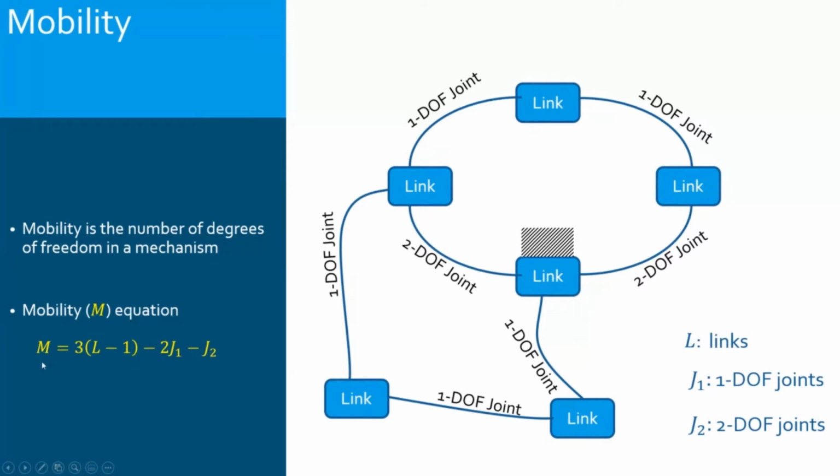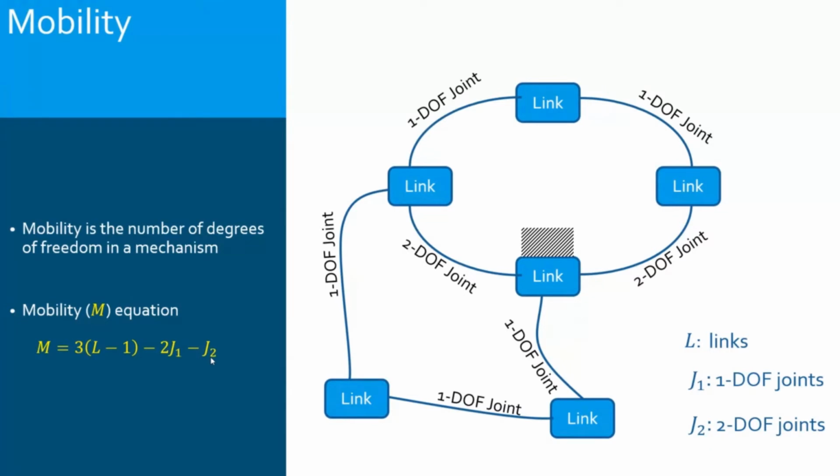But if I have in general J2 higher kinematic pairs, I will consume J2 degrees of freedom. So I have started with 3L. This is the available degrees of freedom in the mechanism. I have consumed 3 by the ground. I have consumed 2 times J1 by the lower pairs, and I have consumed J2 by the higher pairs. Okay? So now this is it. What is remaining is the mobility.